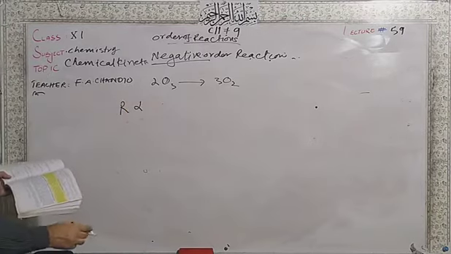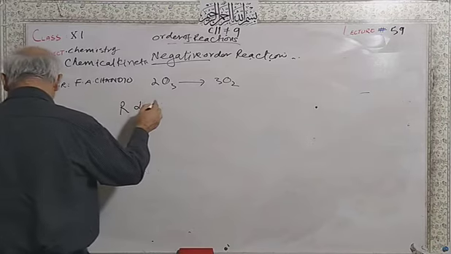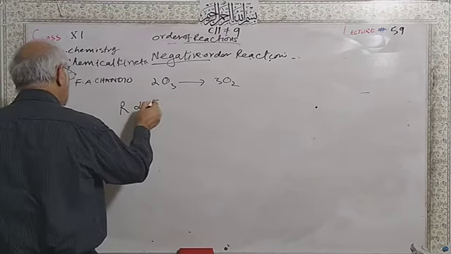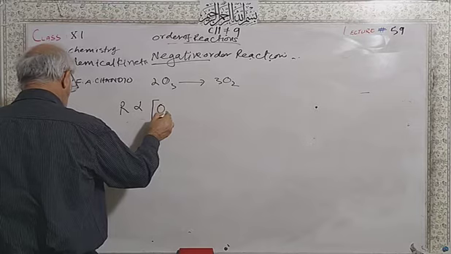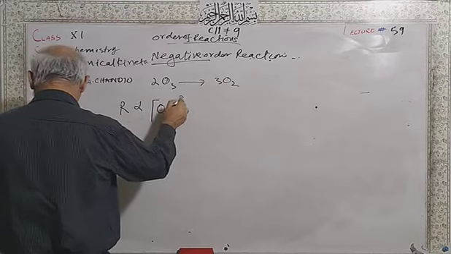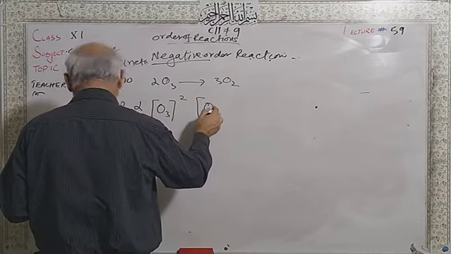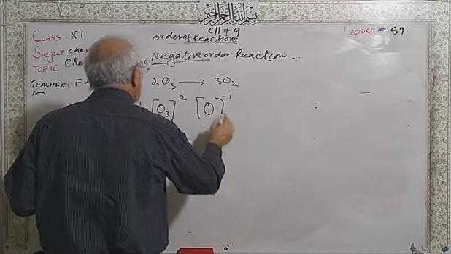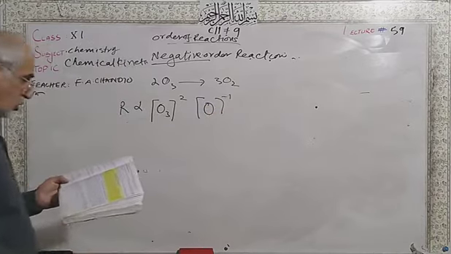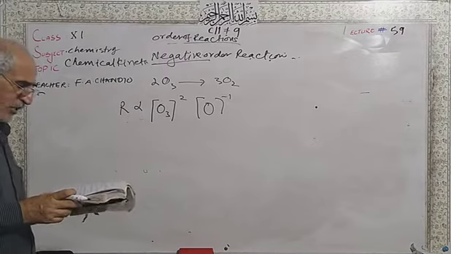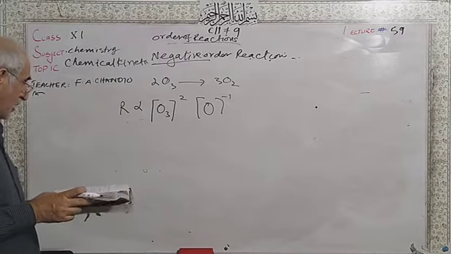Rate law is directly proportional to the concentration of ozone and the concentration of oxygen. So when the concentration of oxygen doubles, the rate becomes half.